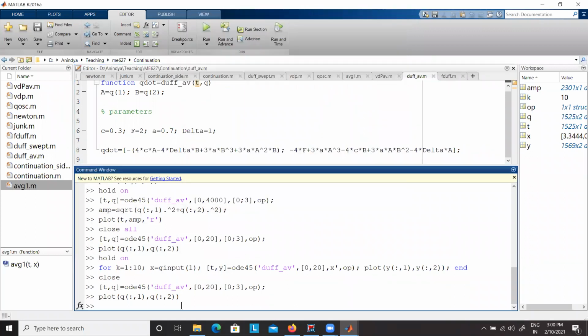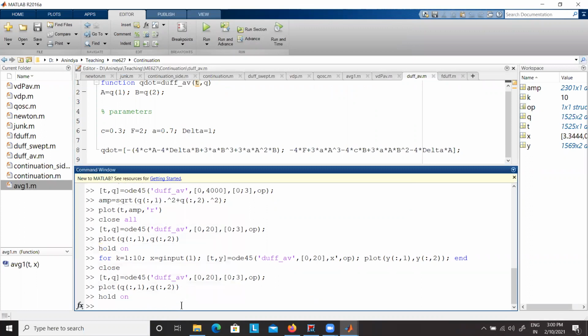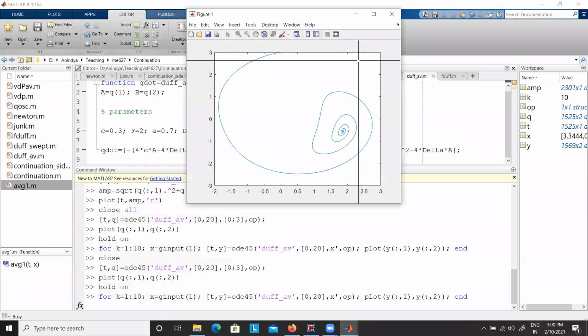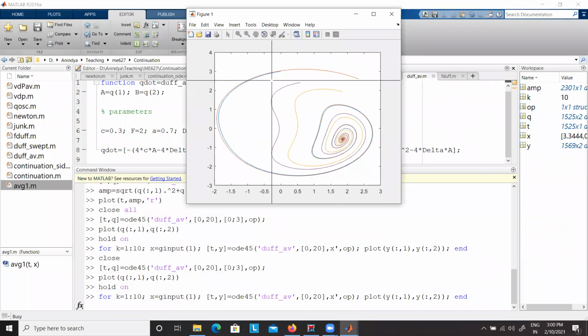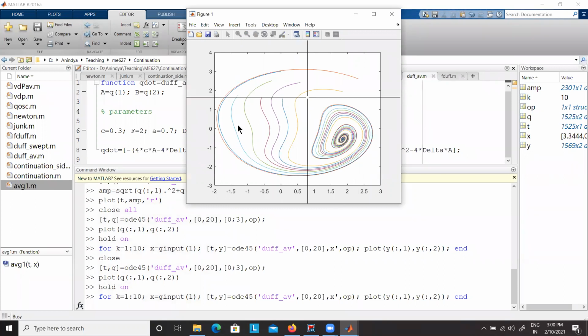Now I will do hold on, and then I will do another phase portrait. And you see still there is nothing, no real change. You can see something is going to happen over here, right? But we don't see what that is yet. What will happen is that there will be this bifurcation and two new solutions have to appear as delta increases.